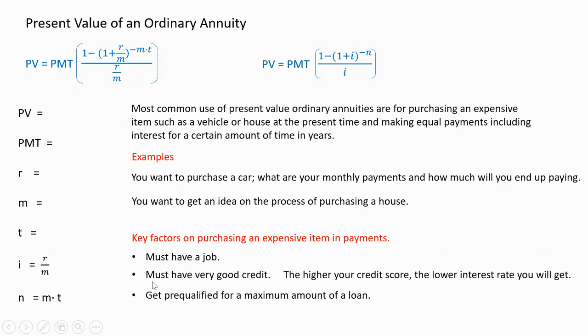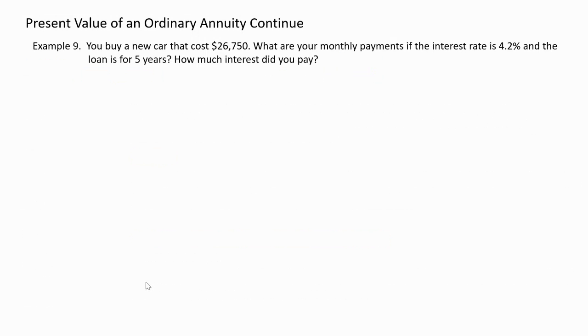You have to get pre-qualified for the maximum amount of a loan. With no job, you cannot purchase a house unless you have that much cash in the bank. It's always wise to get pre-qualified because this way you will not be wasting time looking at houses that you cannot afford. Okay? So now, let's do example number 9, and then we'll do example 10 on purchasing a home.